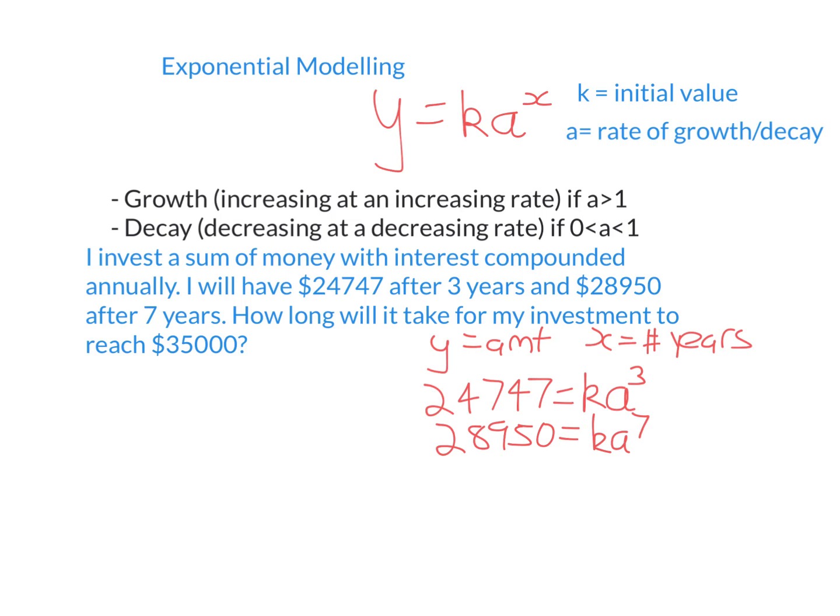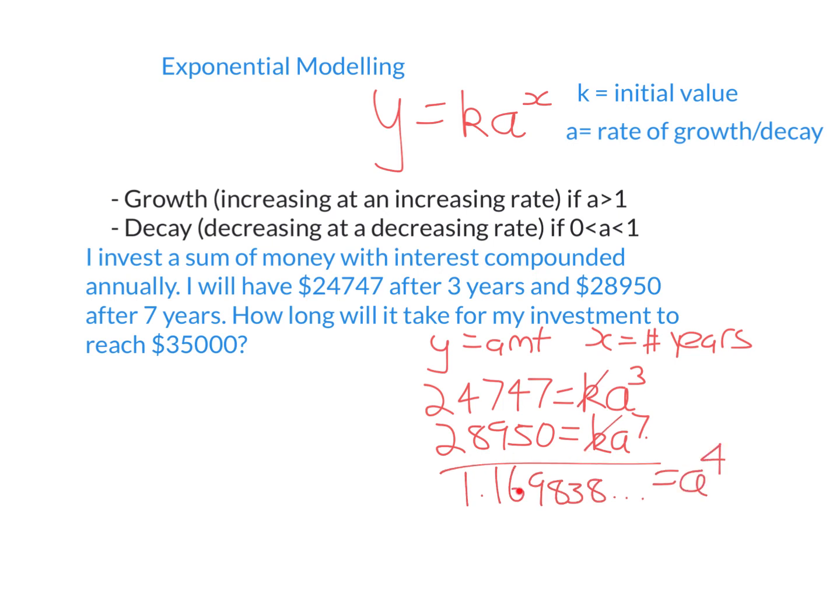So how am I going to solve these simultaneous equations? Well, I need to get rid of one of the variables. It turns out if I divide this equation by this, I can get rid of the k's. If I divide this by this, I end up with 1.169838 and so on, equals, k divided by k cancels out, a to the power of 7 divided by a cubed is a to the power of 4.